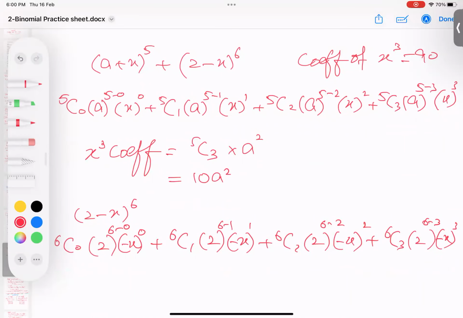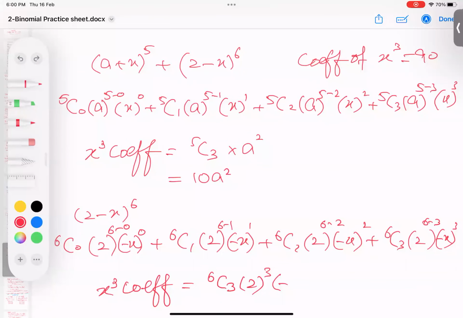Now I will not solve all; I will not waste my time. I directly take this one. So I'm writing here the x cube coefficient equals 6c3, and 2 to power 3, and that's it. But one thing is a problem here: the negative x to power 3.